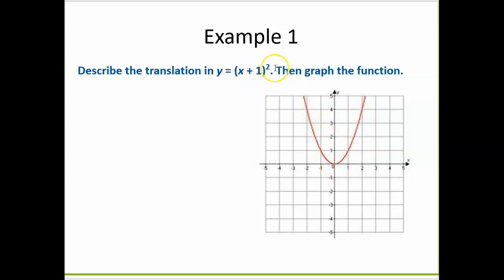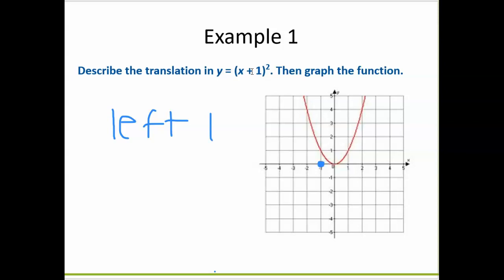If the plus 1 is inside the parentheses, just like an absolute value, what that means is that my graph is going to shift left 1. So this red graph represents the parent.